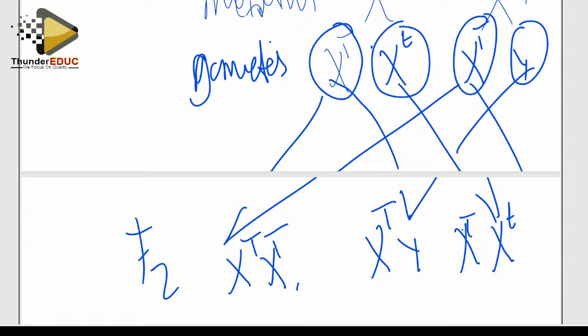Then now this with that, which is X capital T, Y. So now this one no, this one no, this one no.